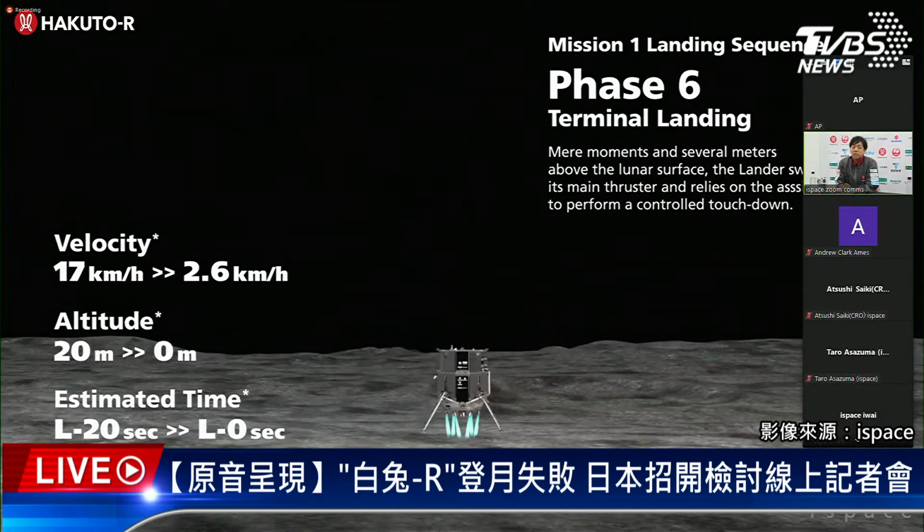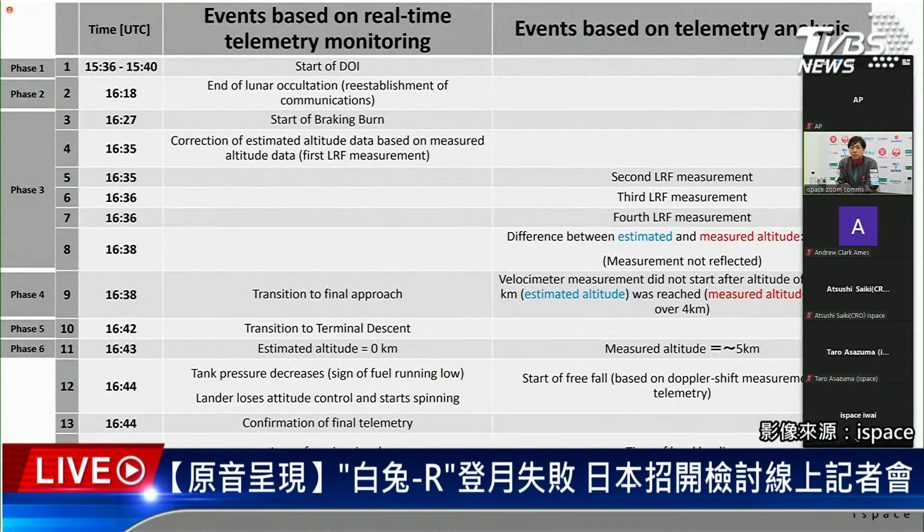With this table, I'm going to explain what actually happened in the landing sequence. As Takeshi explained, unfortunately, we could not complete our soft landing, and the lander finally reached a hard landing. With this table, I'm going to explain our understanding. This table has 2 columns.